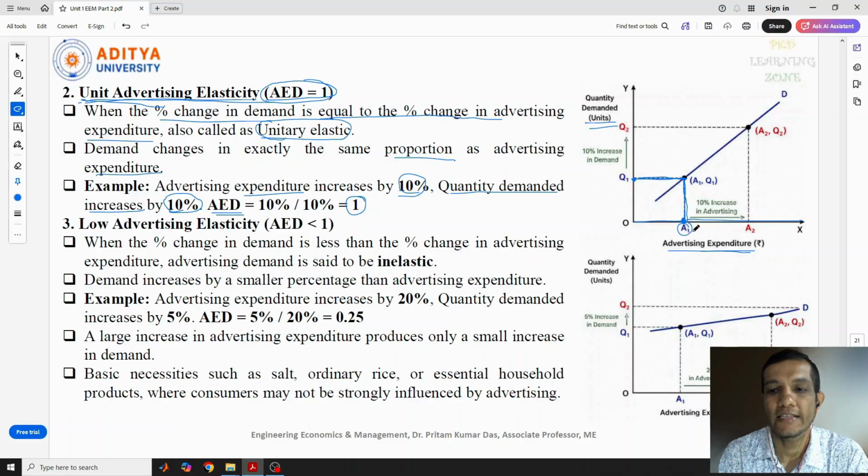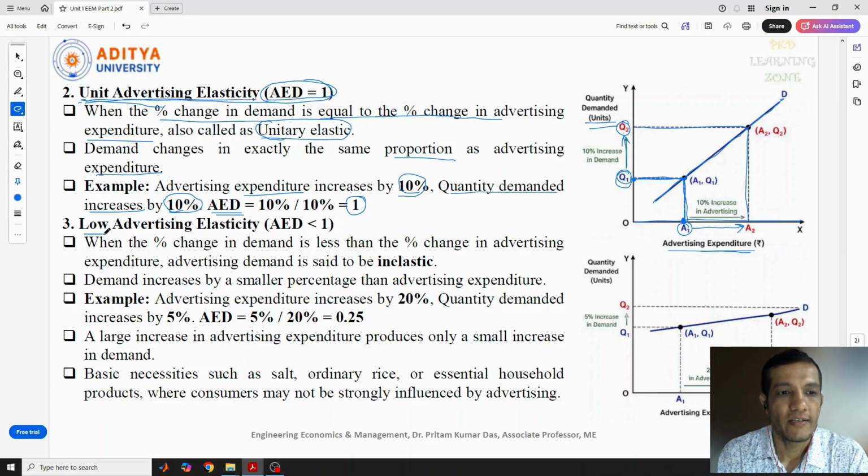But when you increase the advertising expenditure by 10%, that is shifted from A1 to A2. Similarly, the quantity demanded Q1 will be shifted to Q2. So now we can plot this Q2 and Q1 here. Now if we join these 2 points, we get a curve like this. So this is AED equal to 1 for a unit advertising elastic demand.